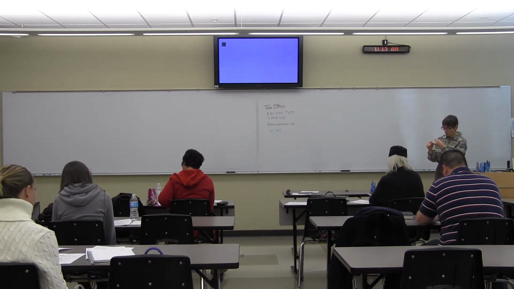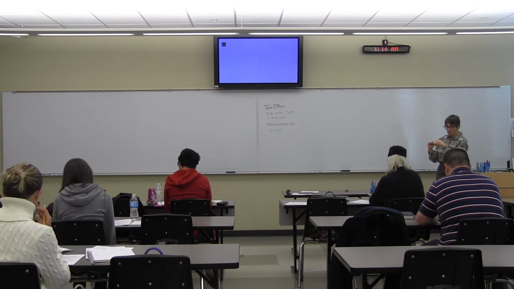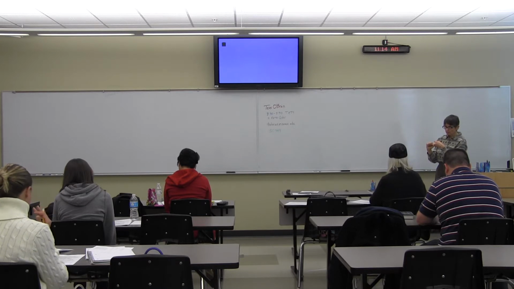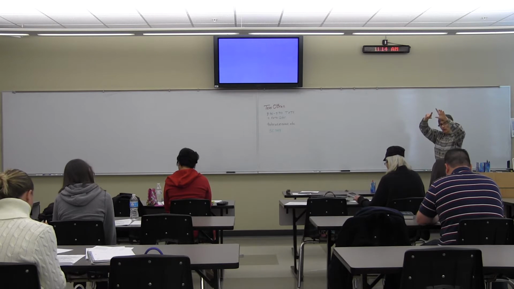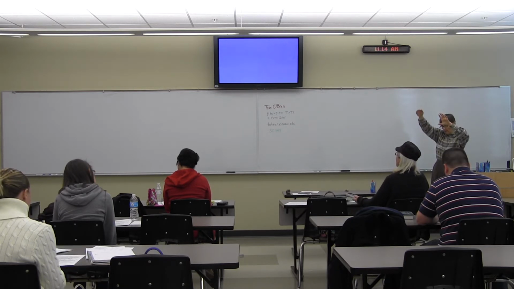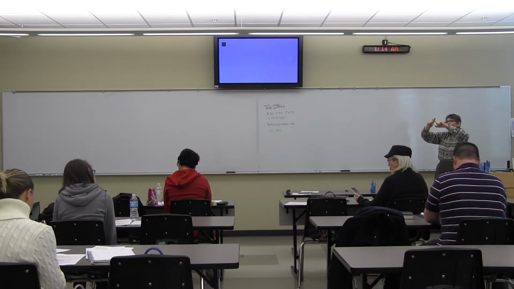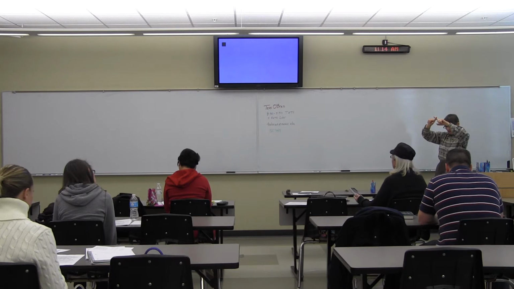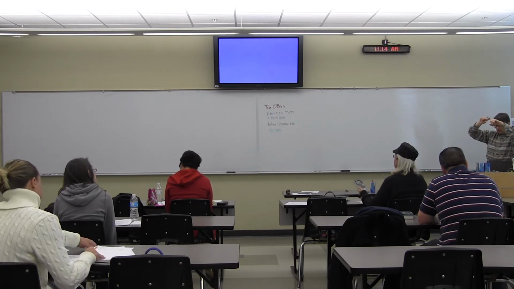Adjust the window so that you can see the important features of the graph. Make a table, a T-table. Find minimum and maximum values. Those are low points on a graph or high points on a graph. And then find points of intersection of two graphs. Okay, so those are the things we're going to cover in the next 30 minutes.